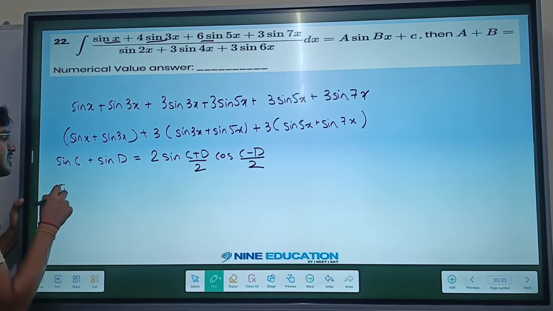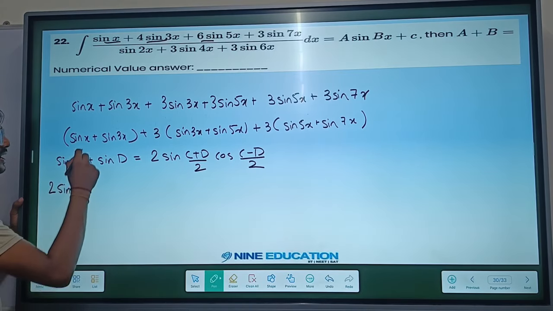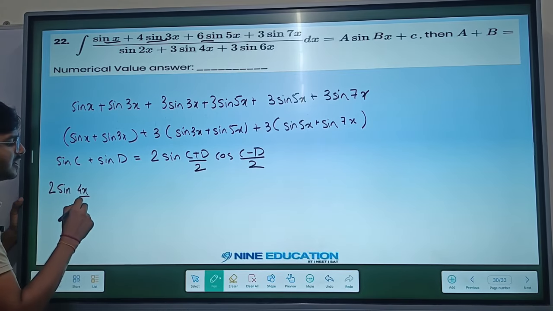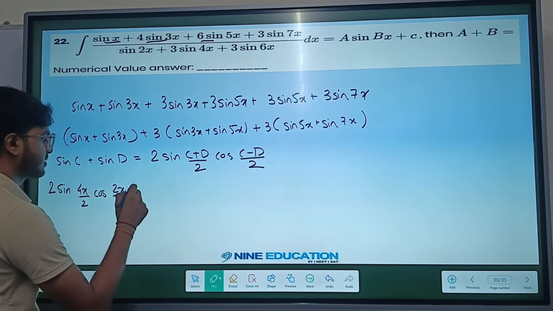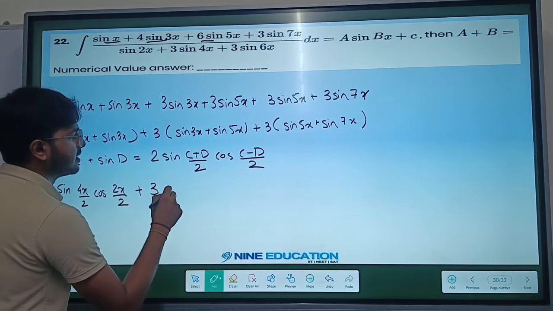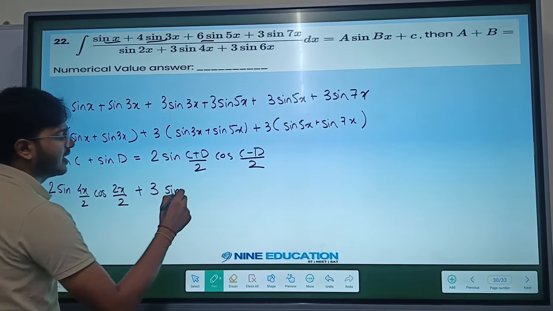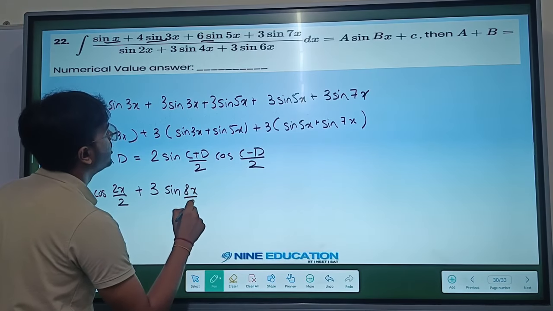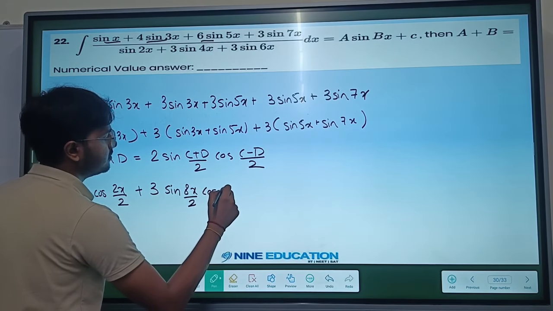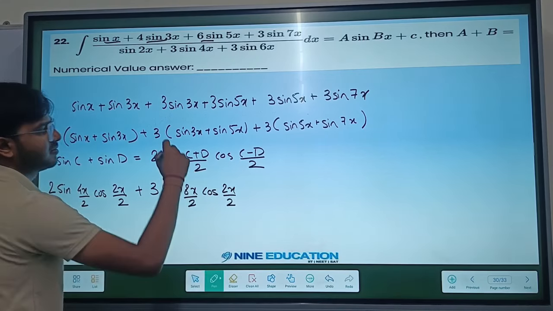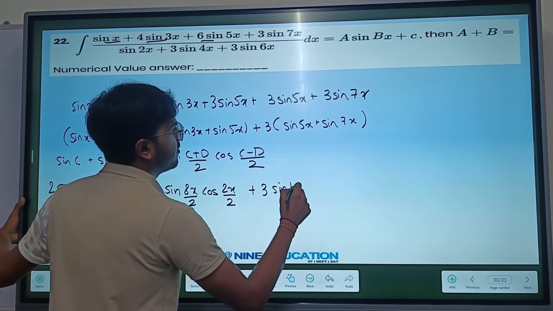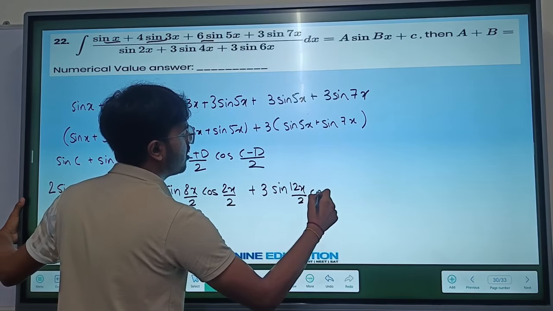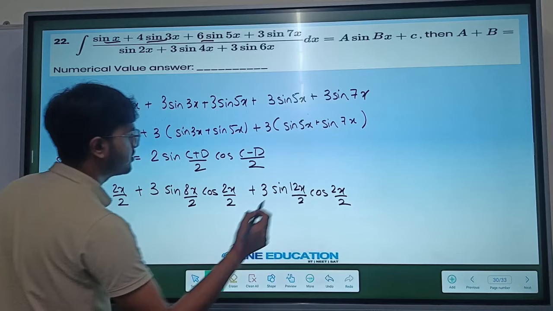So sin x plus sin 3x is 2 sin of (x plus 3x) by 2, 4x by 2, cos of (x minus 3x) by 2, that is cos x, plus 3 times sin 3x plus sin 5x, 8x by 2, cos of 2x by 2, plus 3 times sin 5x plus sin 7x, 12x by 2, cos of 2x by 2.